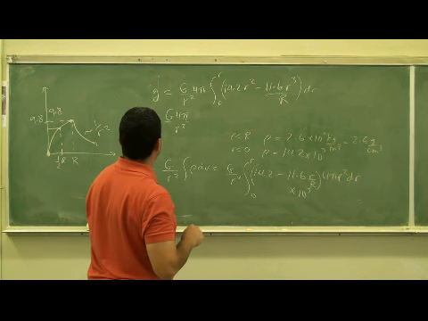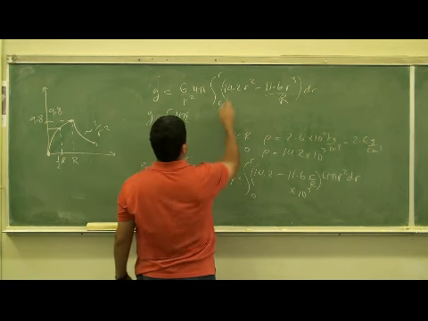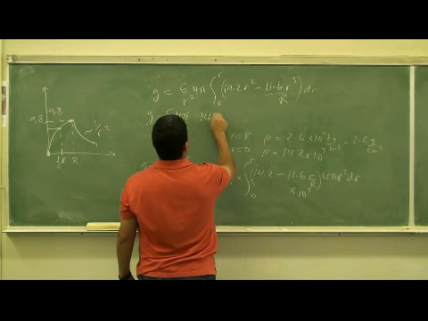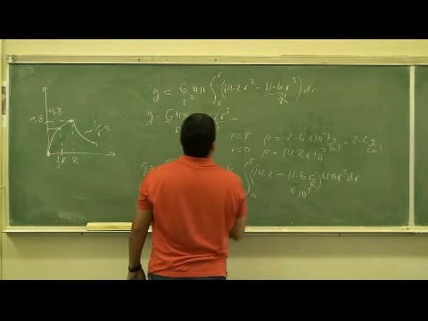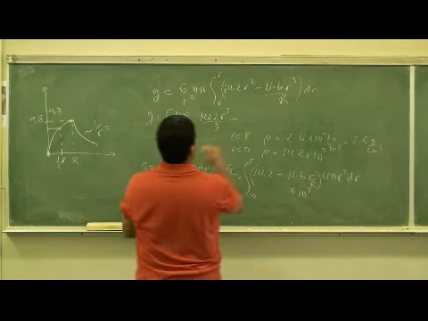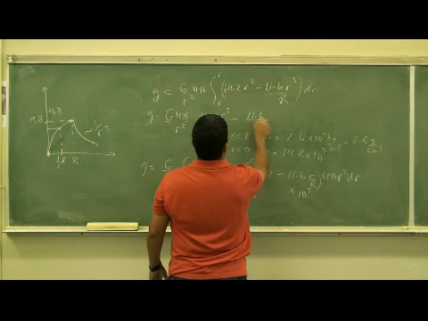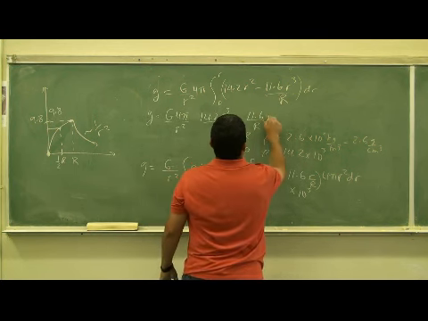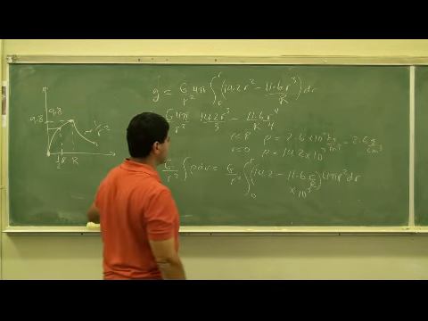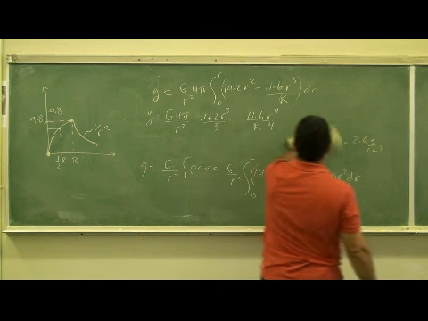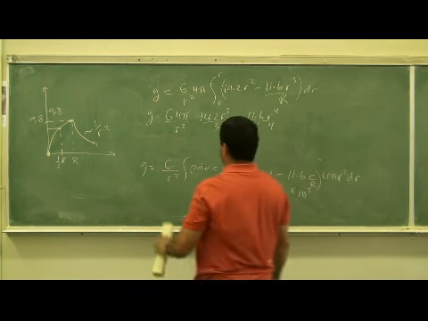So now you go 4 pi G over r squared. You integrate that: 14.2 r cubed over 3 minus 11.6 over R, r to the 4th over 4, and then 0 to r is just itself. Okay?